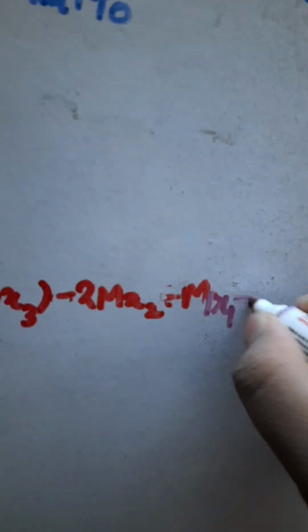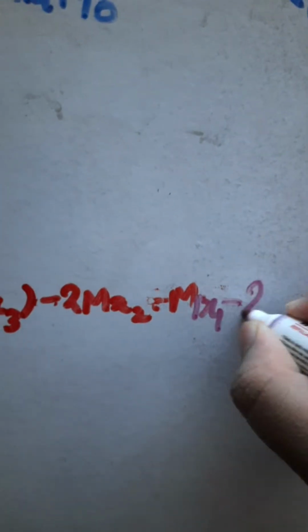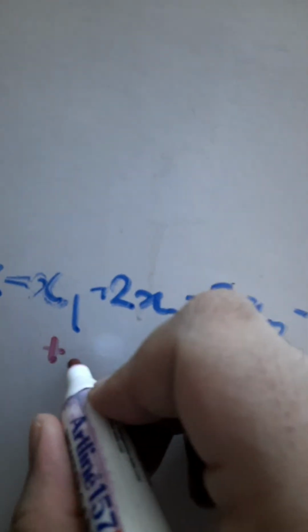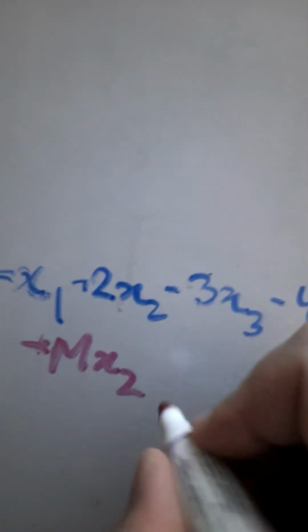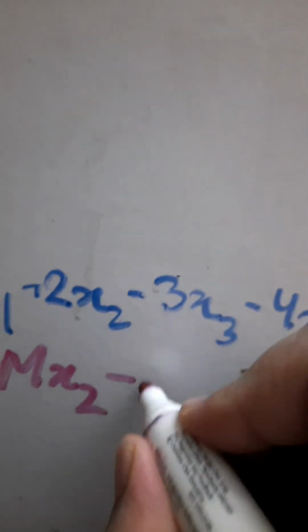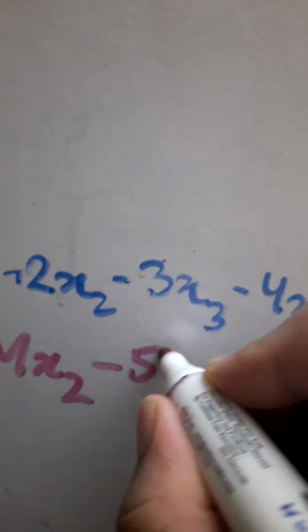Then it would be minus 2mx1, plus, sorry, minus, everything is minus now. mx2 minus 5mx3, because they are positive and now they are on opposite side, they would be negative.